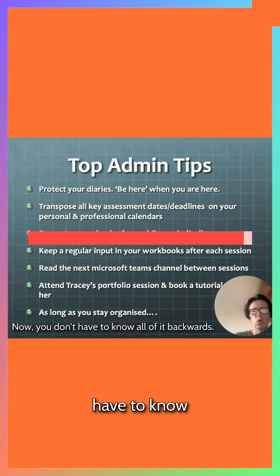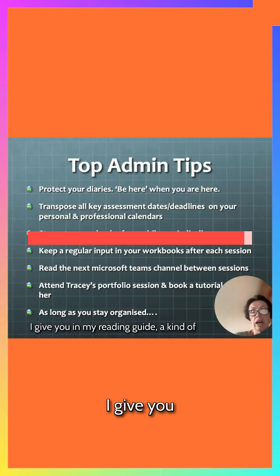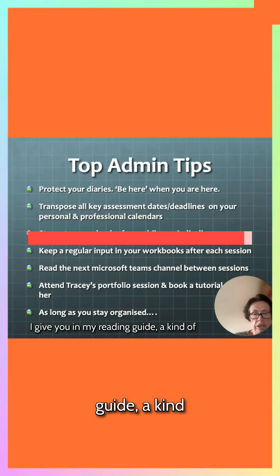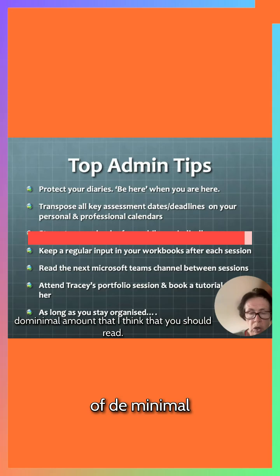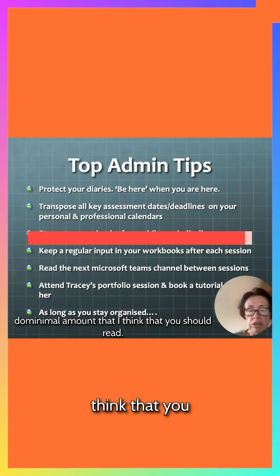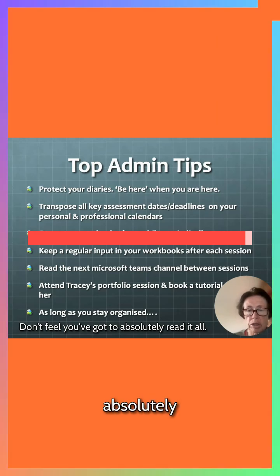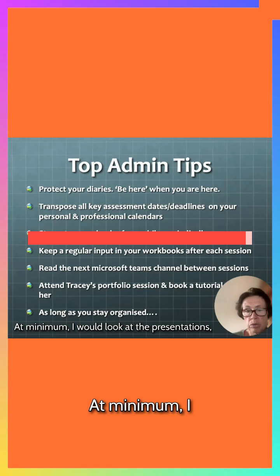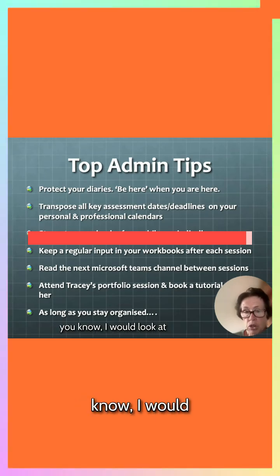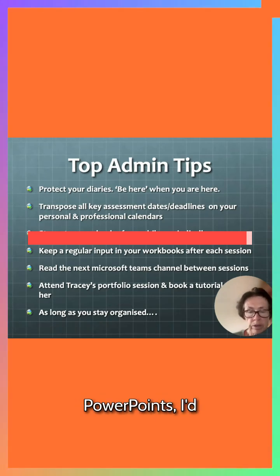Now, you don't have to know all of it backwards. I give you in my reading guide a kind of de minimis amount that I think that you should read. So have a look at that. Don't feel you've got to absolutely read it all. At minimum, I would look at the presentations. I would look at the PowerPoints.